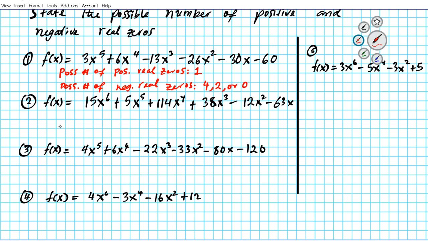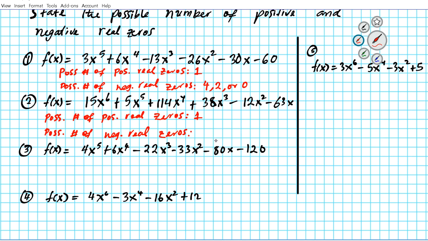Bam. For number 2, the possible number of positive real zeros is just 1, only one sign variation for f of x. Possible number of negative real zeros, we're looking at sign variations for f of negative x.